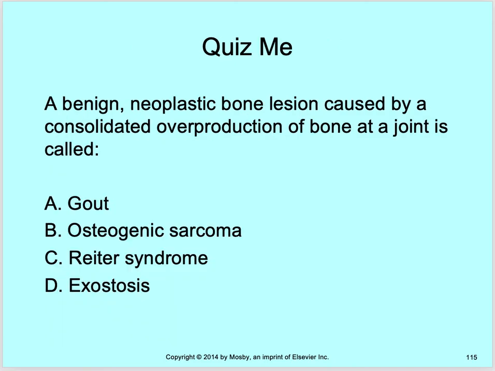So we're going to go on to some quiz-mes here. So make sure that you know your pathologies. A benign neoplastic bone lesion caused by a consolidated overproduction of bone at a joint is called exostosis.